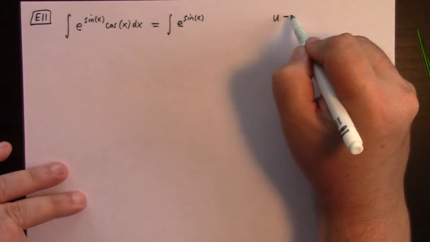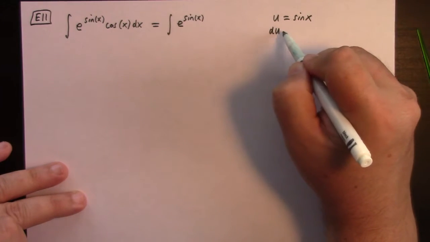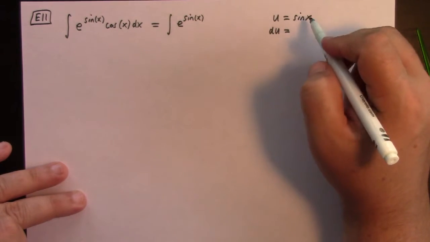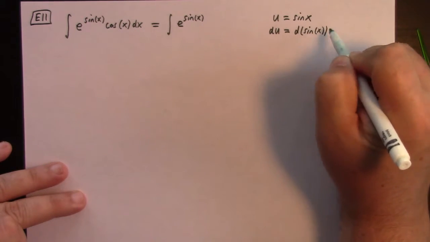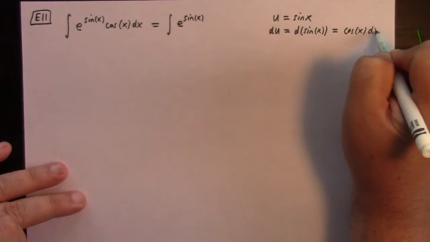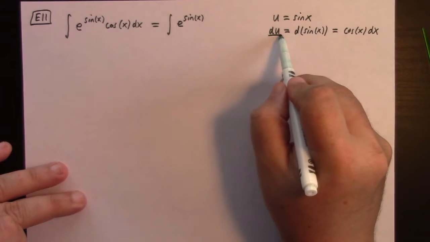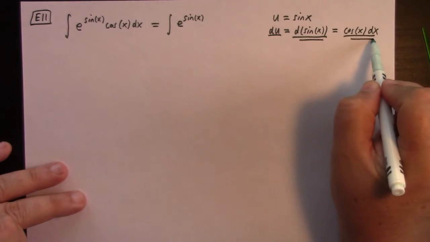Check it out. If u is equal to sine x, then du is, what is it? Well, it's d of sine x, and so of course that's cosine x dx, right? So rather than writing du, I could just write d sine x in the place of cosine x dx.